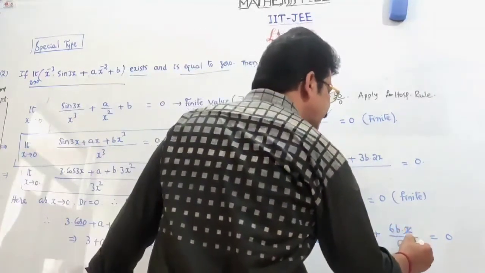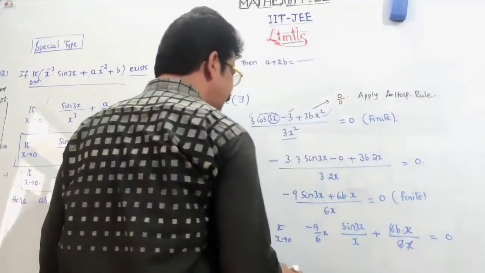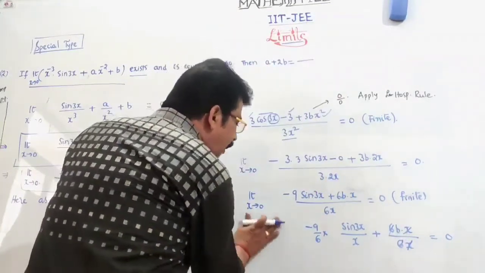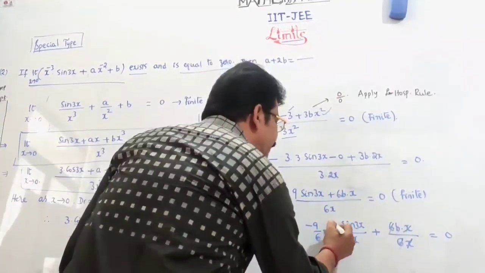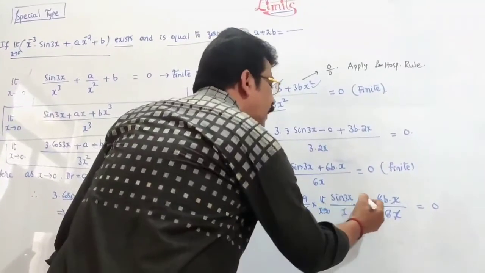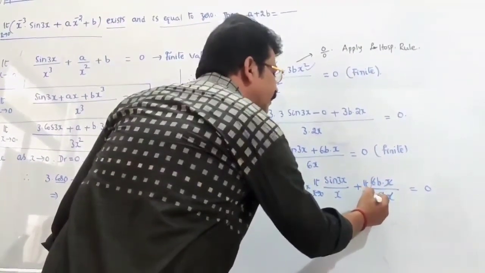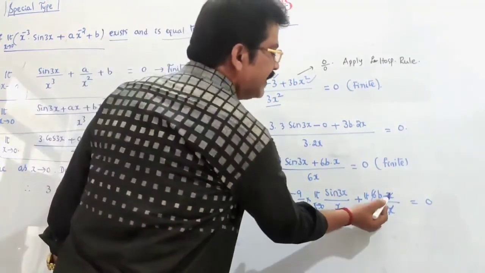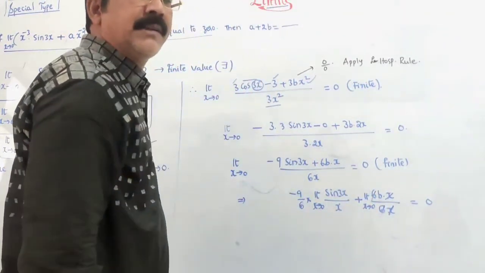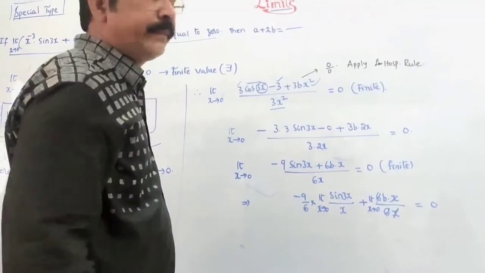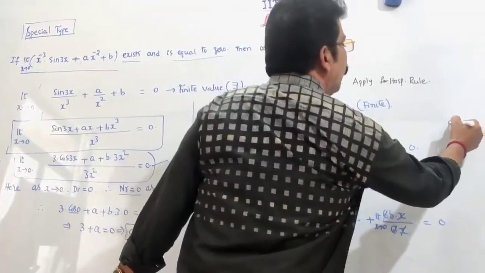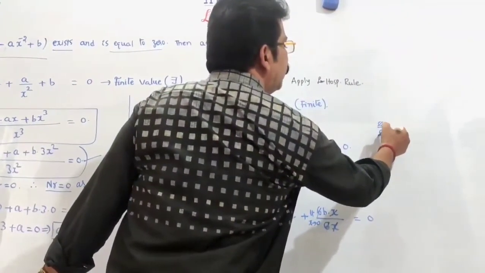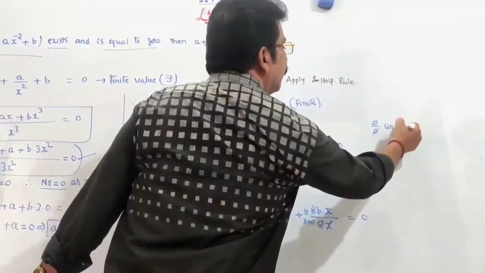Okay, x cancel, 6 cancel, and distribute this operator for both functions. Limit x tends to 0 and here limit x tends to 0. One minute, observe. I cancelled x because x is not equal to 0. 0 by 0, you should not do like that. It is wrong.